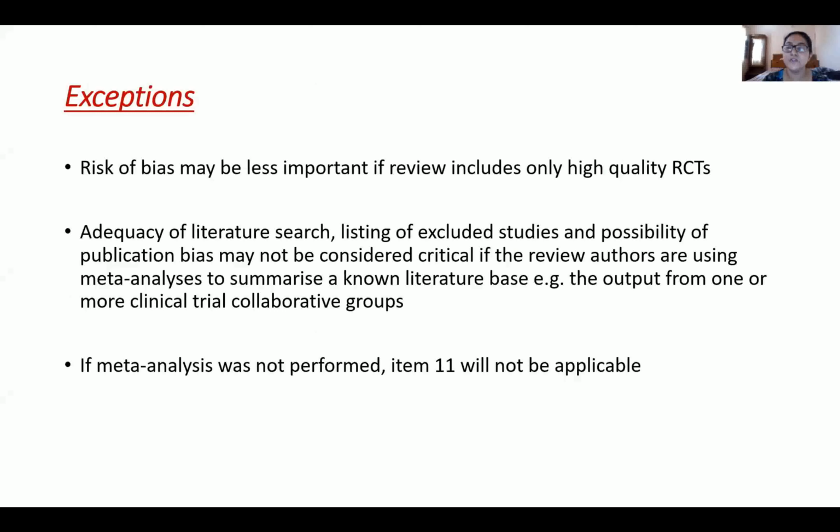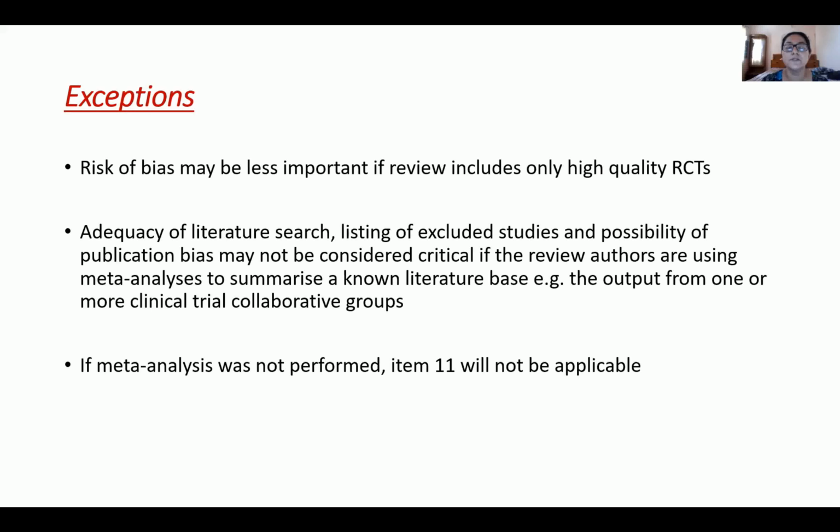However, these domains are not fixed. Sometimes in some particular review, a particular domain may not be considered critical, or some domain which is not included in these 7 domains and considered non-critical may be very important for a particular review.